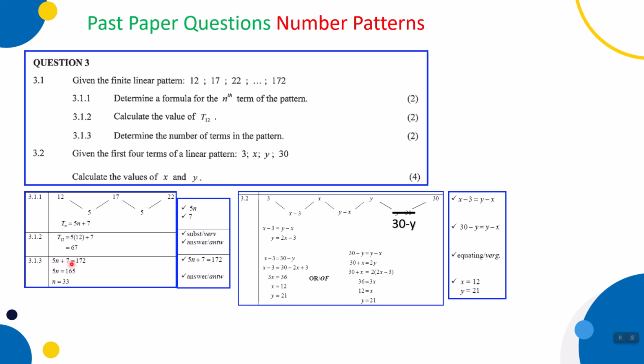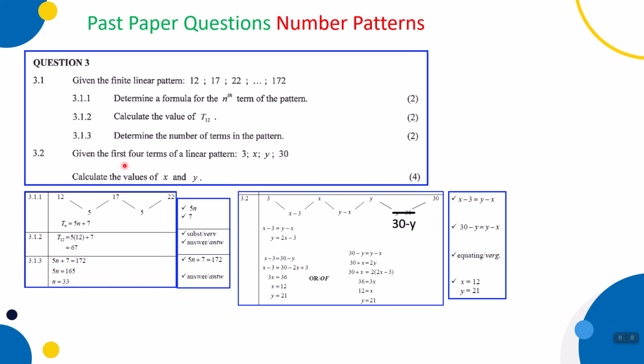So 5n plus 7 equals 172. Remember, you want to find the value for n now. That's the position. So you subtract 7 from both sides. 5n equals 165. And you divide both by 5, you get n is equal to 33. So you get a mark there for equating your 172 to your 5n plus 7, and a mark there for n equals 33.